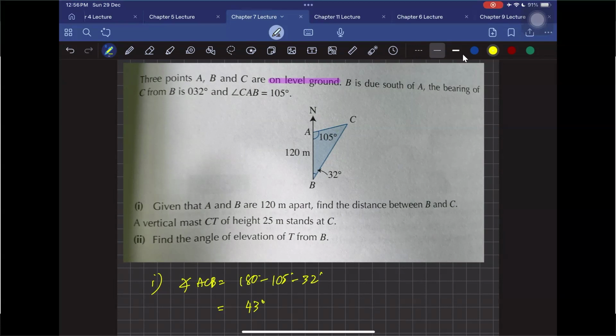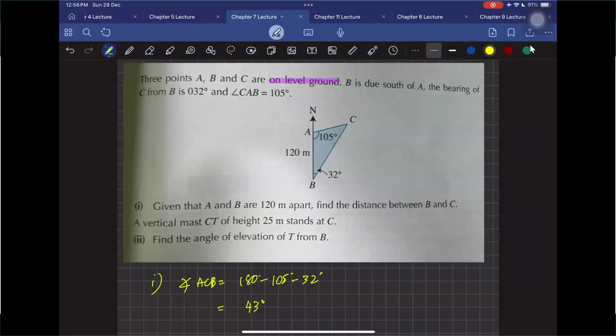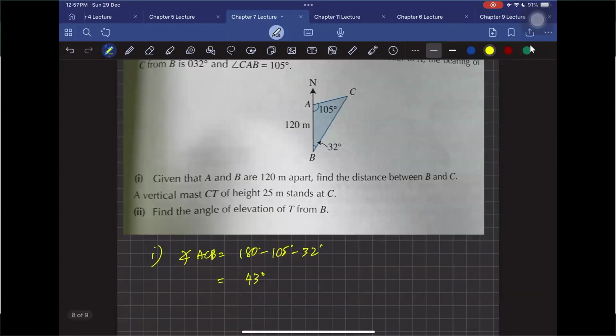So just give me a moment, my pen is not working. Okay, so once you have that, you can use your sine rule to find out what BC is.